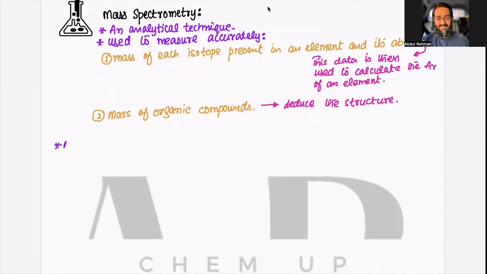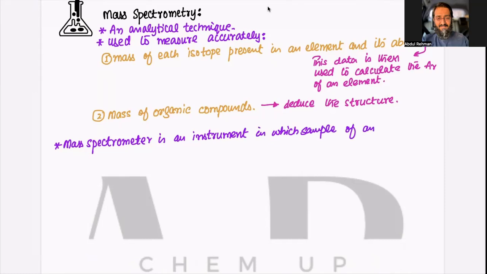So when we talk about a mass spectrometer, a mass spectrometer is an instrument, or you can say device, in which a sample of an element or compound is analyzed.